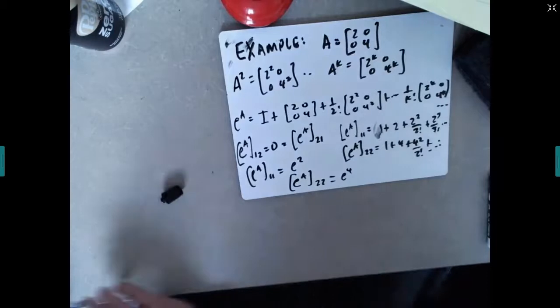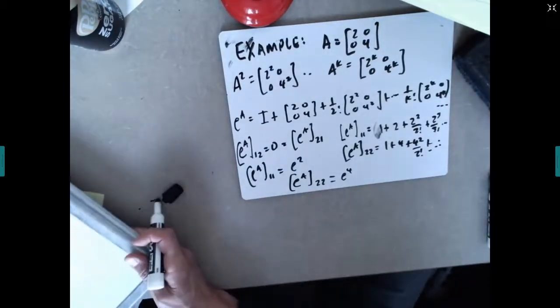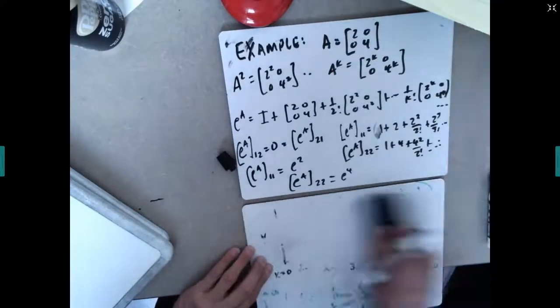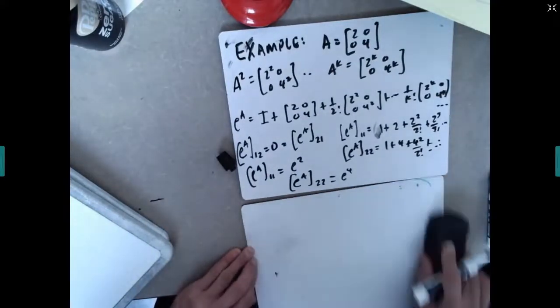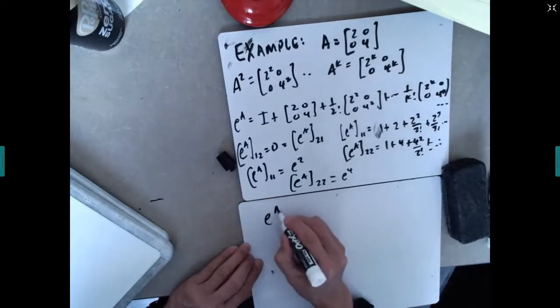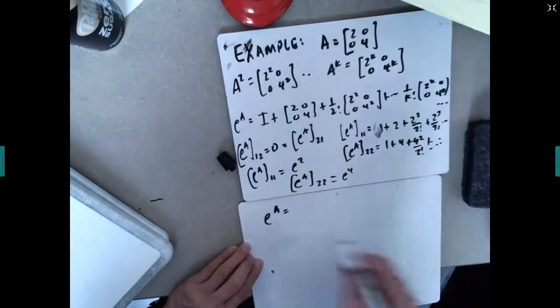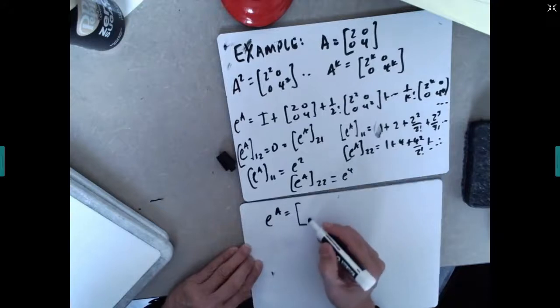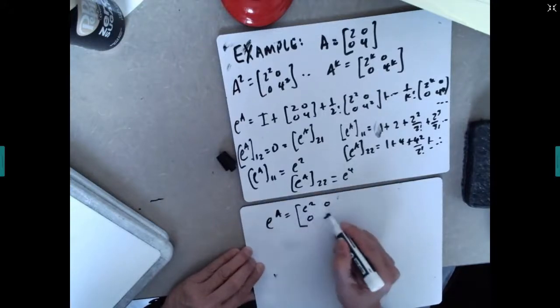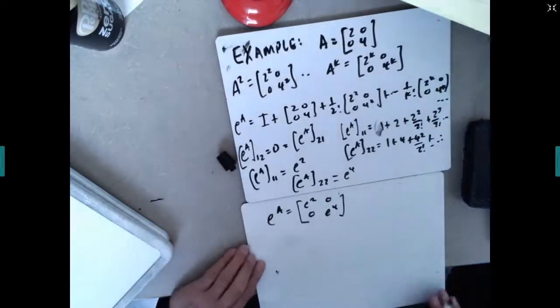So it follows from a little bit of algebra that this e to the A is just going to be the matrix e squared, 0, 0, e to the 4th. Okay?